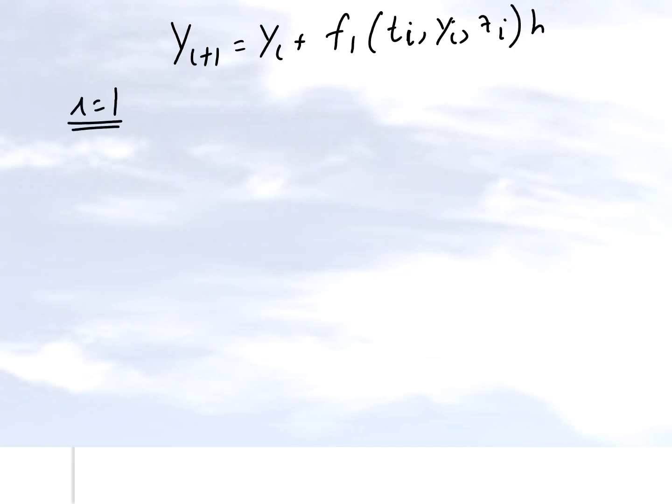So again, what we have is y sub i plus 1 is equal to y sub i plus the value of the function f1 at t i, comma y sub i, comma z sub i, times h. Now we're going to choose i equal to 1. That means that we get the y2 value from knowing what is happening at t1, y1, and z1.